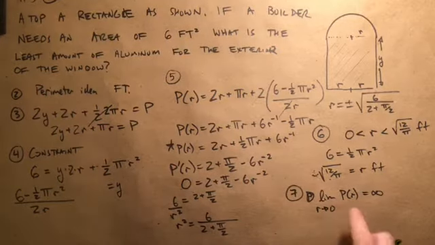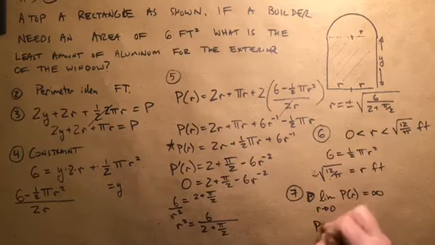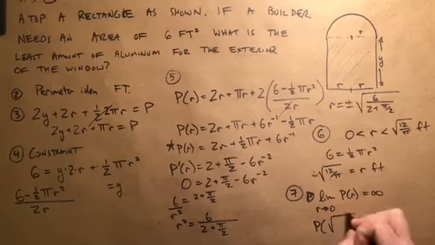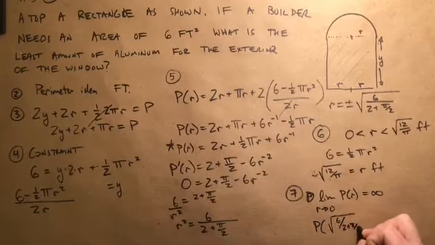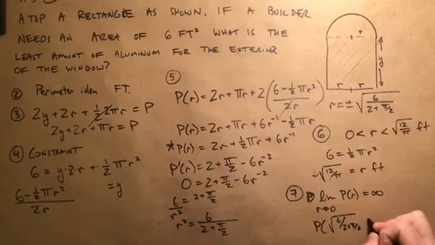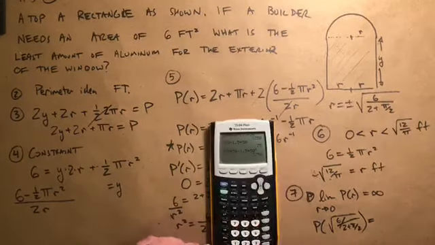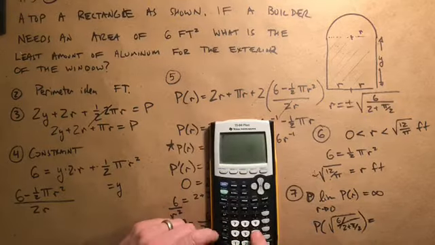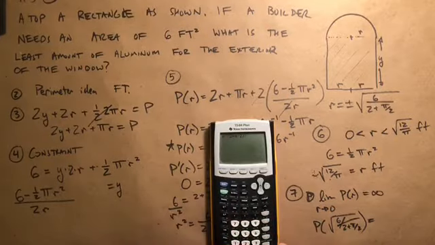Let's go again. Let's go for the value that we found here: P of the square root of 6 over 2 plus pi over 2. I should say that it probably looks more like that. With my calculator, I'm going to say 6 divided by 2 plus pi over 2, and I'm going to store that as 1.68.